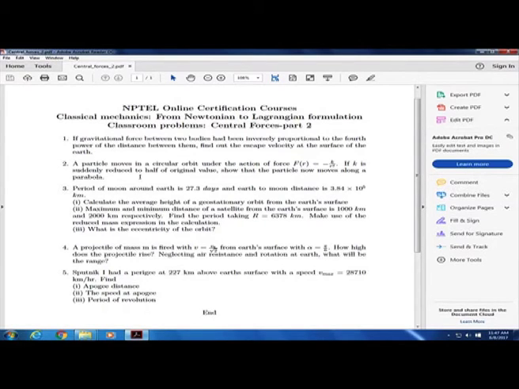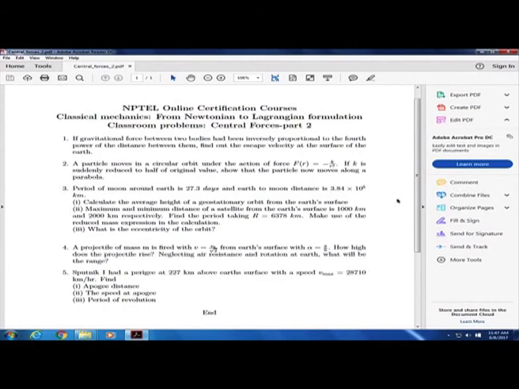What we need to show is that the particle, which is moving originally in a circular orbit, during its motion at some point suddenly has the force constant k replaced by k by 2. So, it reduces by half. Now, we have to show that this path will change into a parabola.